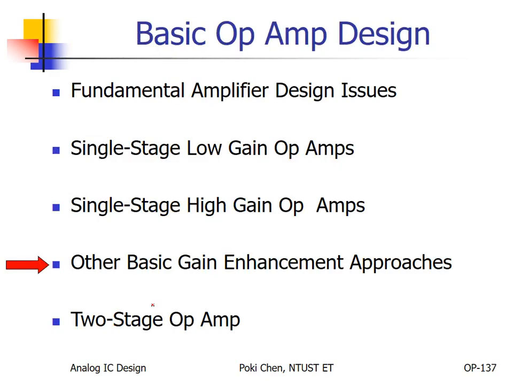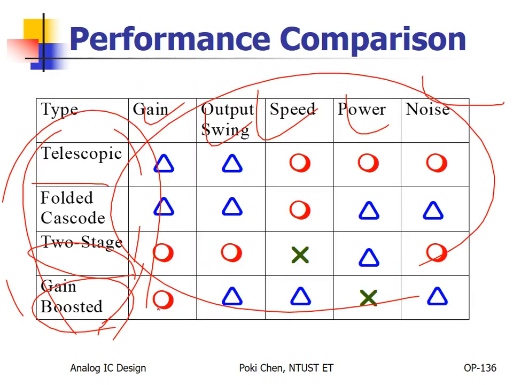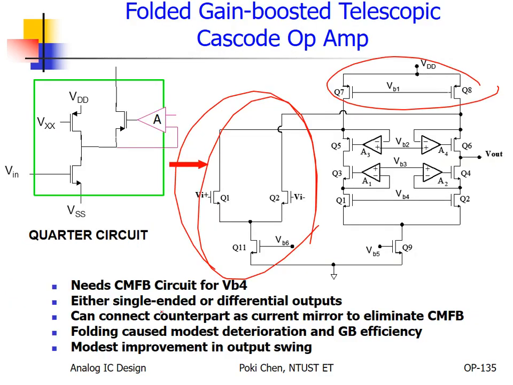Then do some kind of modification. If you are not happy, we apply not only cascode but also gain boosted. That is to enhance the gain. And how about folded? To enlarge the output swing, to enlarge the operation range. Okay, don't get any kind of misunderstanding.